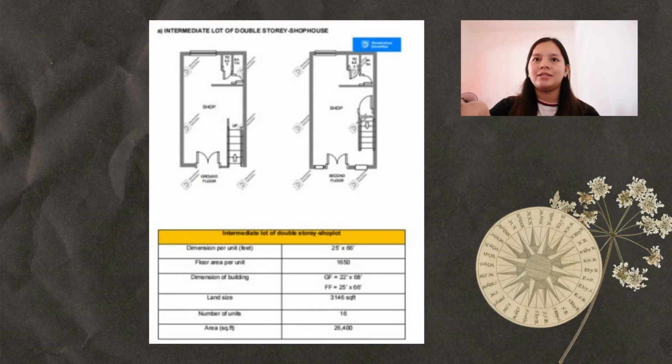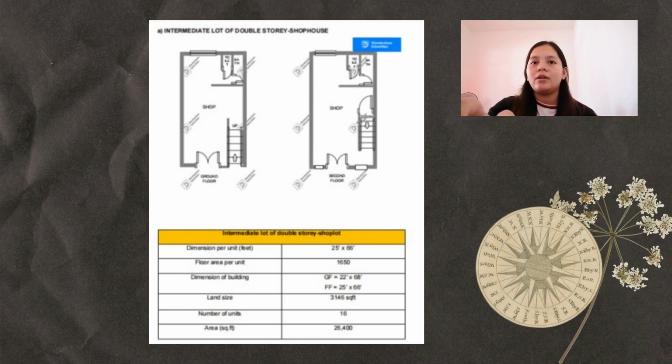Next is the intermediate lot of double story shop house. Here are the pictures of our model of the intermediate lot of double story shop house. How we calculate it: the dimension per unit is 25 multiplied with 66, so the total floor area per unit is 1650.